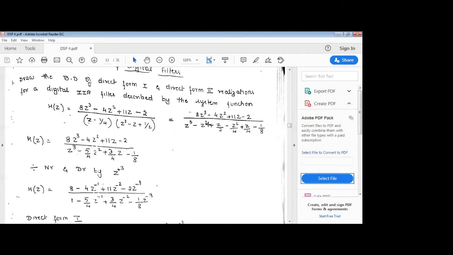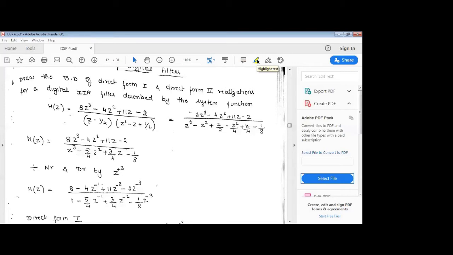This transfer function is represented in the form of H of z. By simplifying the denominator, we get the transfer function as 8z cube minus 4z square plus 11z minus 2, divided by z cube minus 5 by 4 z square plus 3 by 4 z minus 1 by 8.